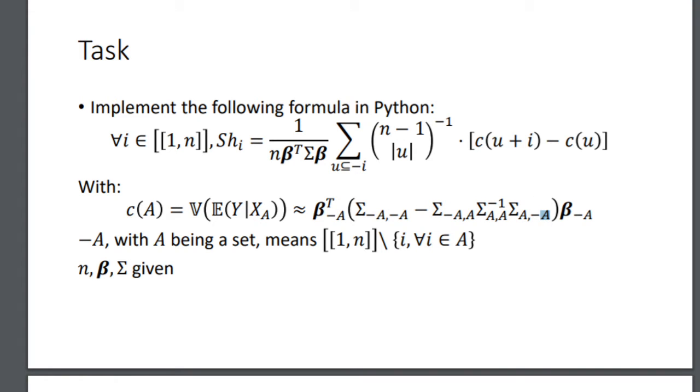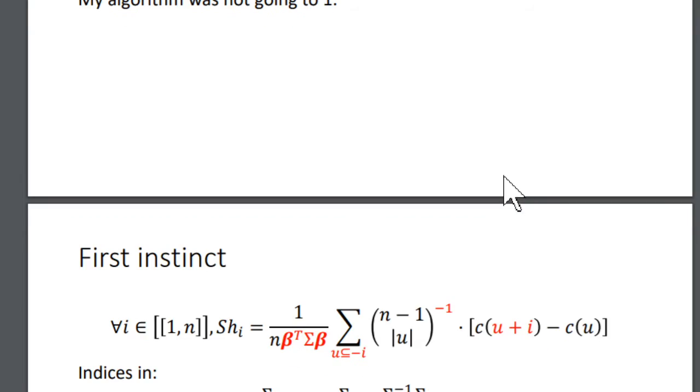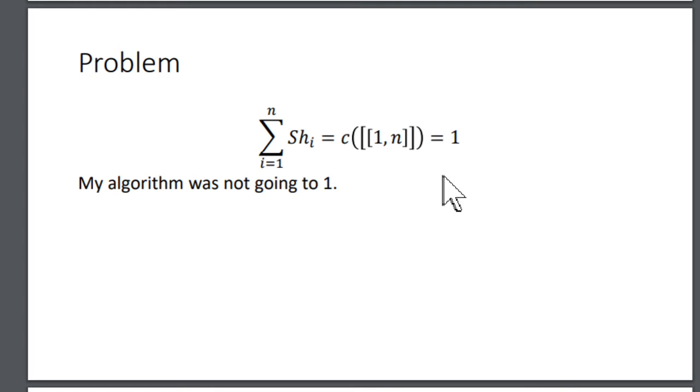So it didn't seem too hard when I first looked at it. Oh, okay, it's easy. So the problem is that I expect the sum of all the Shapley values to be equal to the cost function of 1 to n, which I will show later is equal to 1. So the problem is that my algorithm was not going to 1.